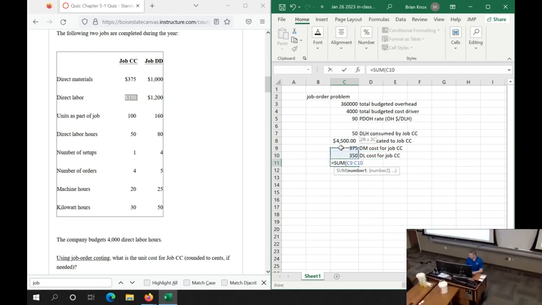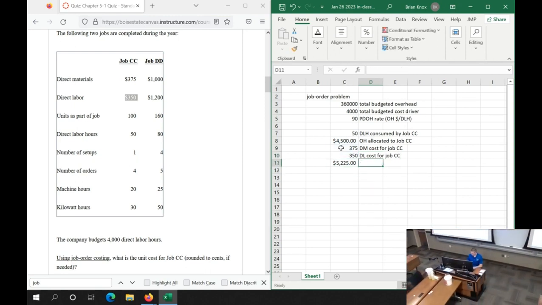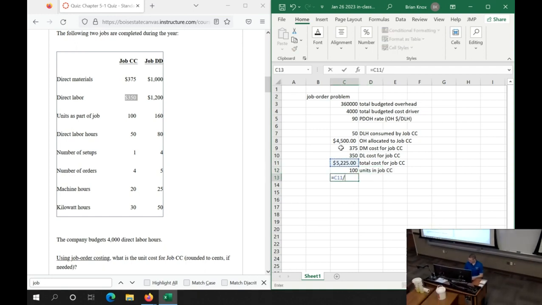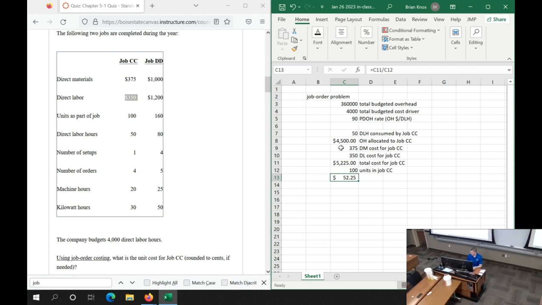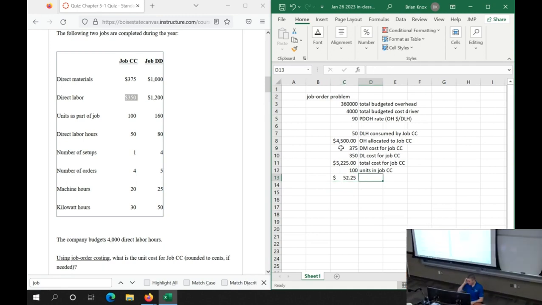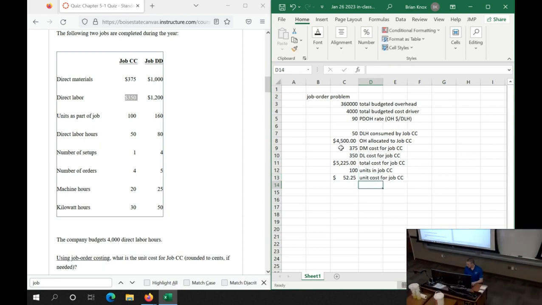And now the sum of these is the total cost for job CC. 100 units in job CC, meaning $52.25, the dividend of those two, is the unit cost for job CC.